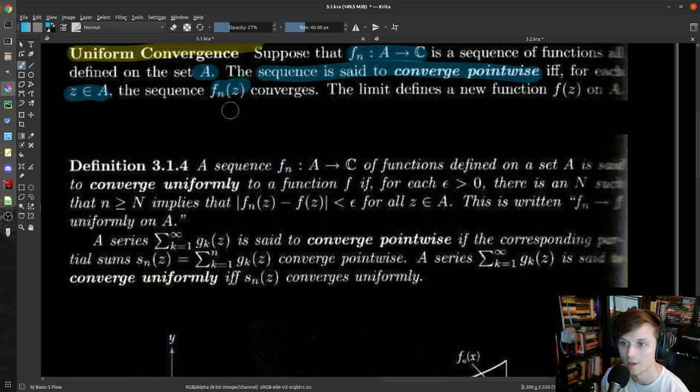That is, if you evaluate each function in this sequence of functions at the given point, it converges to some value, right? This limit defines a new function, f of z, on A.